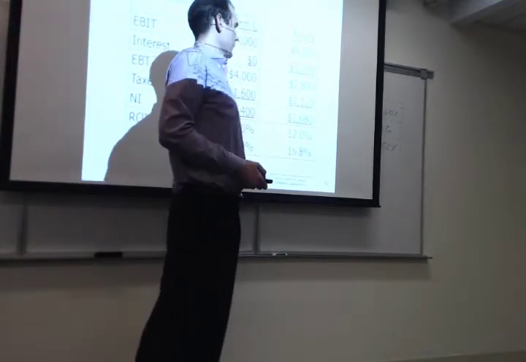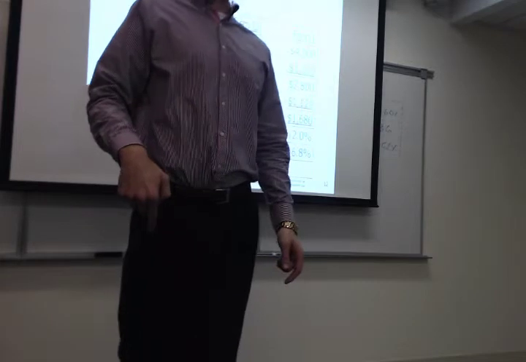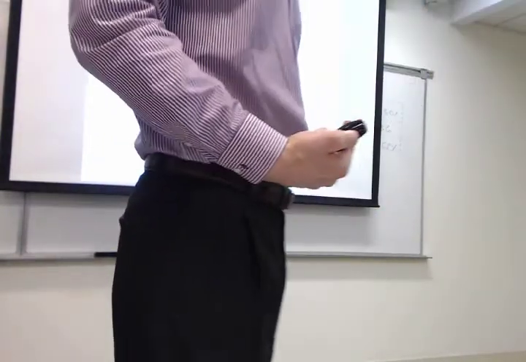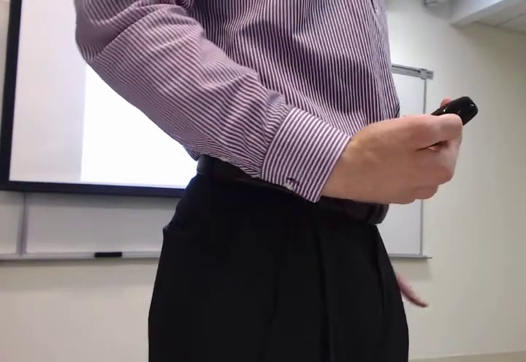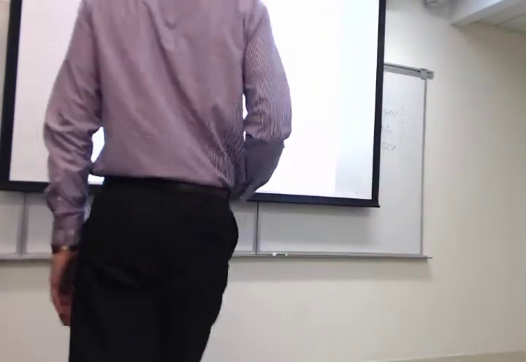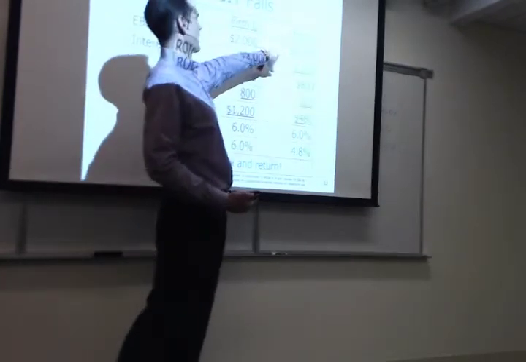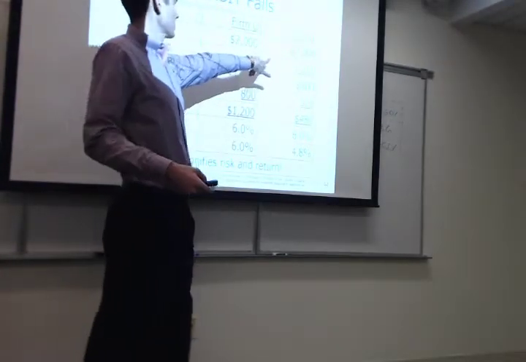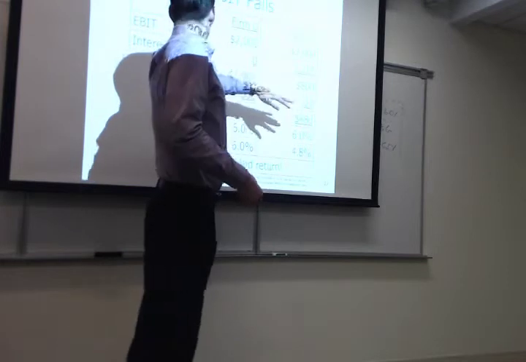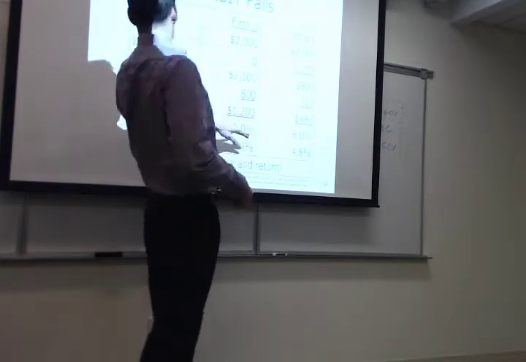Debt will magnify the return, but what if the income goes down? Then the equity holders are going to be like, oh, man, why'd you have to borrow all that money? So suppose EBIT goes down to 2,000 instead of the 3,000 in the initial example. We're still going to have to pay the interest.